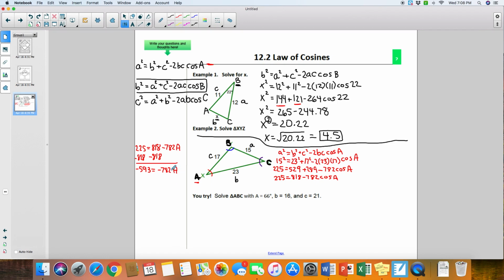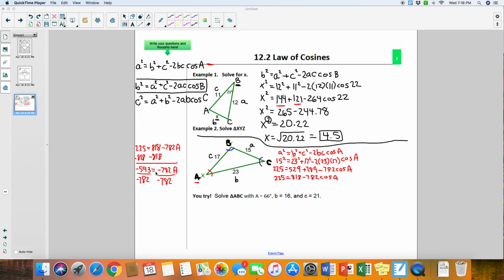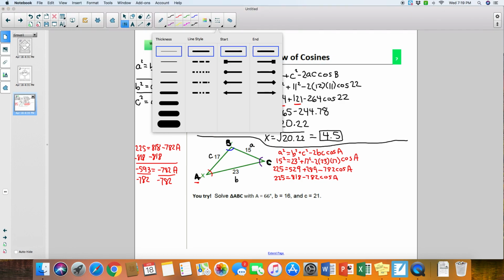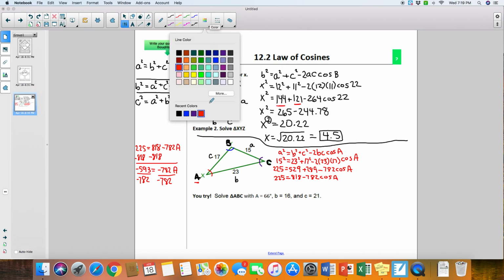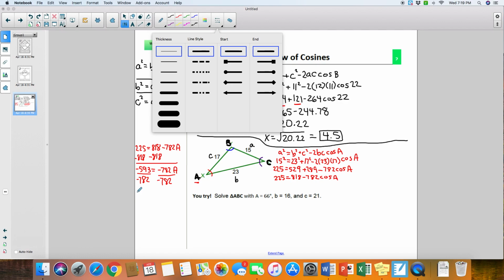Then this is multiplication. So to cancel out multiplication, the next thing I would do is divide. After you divide on both sides, negative 593 divided by negative 782, you would get negative 0.758, sorry, positive 0.758.